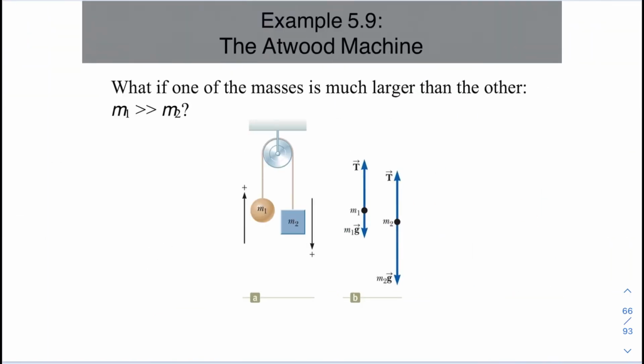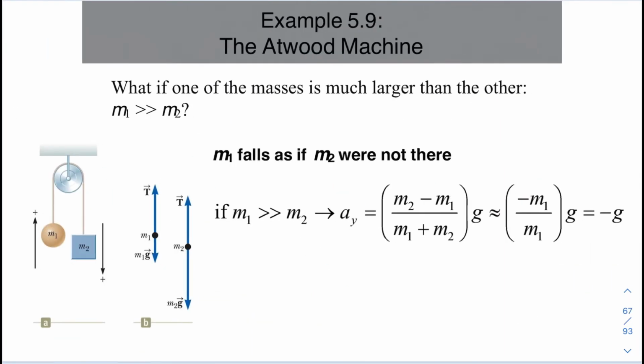What if one of the masses is much larger than the other? Let's say M1 is way bigger than M2. So again, back to the equation of AY. Logically, from AY here, we see M2 is way smaller, M1 is way bigger.